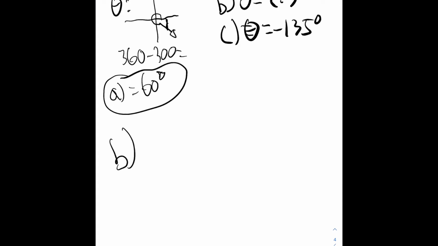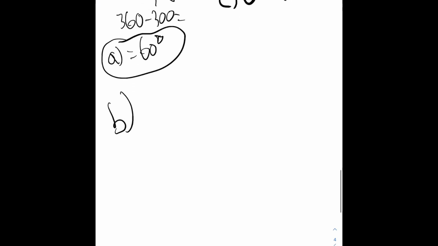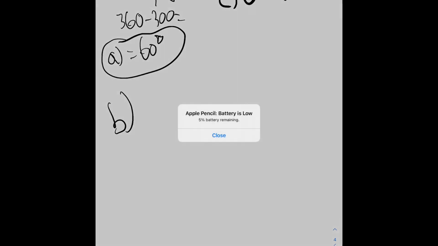For B, this is using radians. So again, 2.3 as a number is going to lie somewhere between pi over 2 and pi.